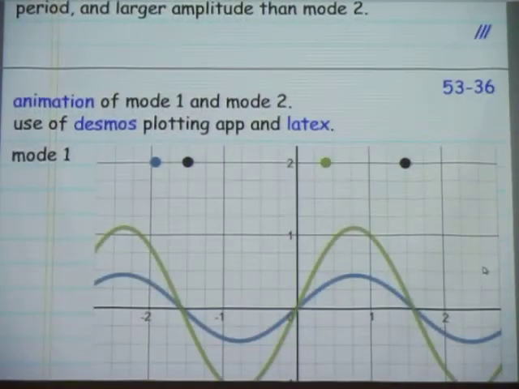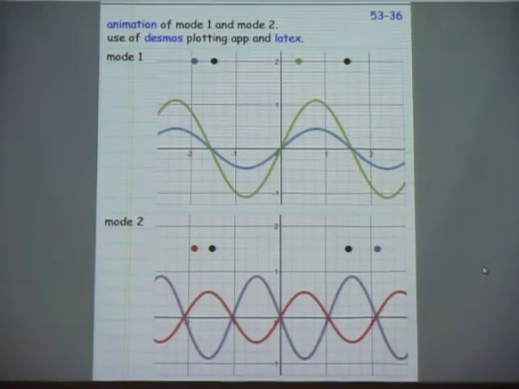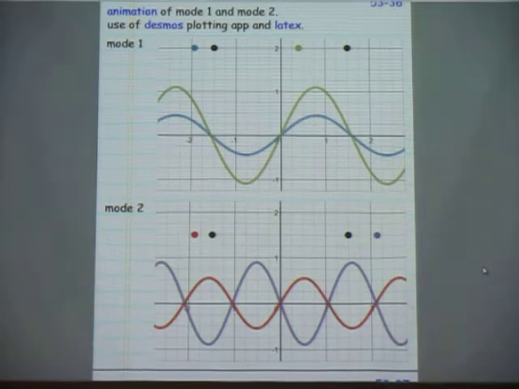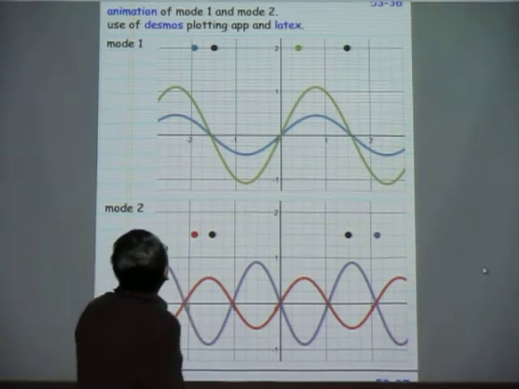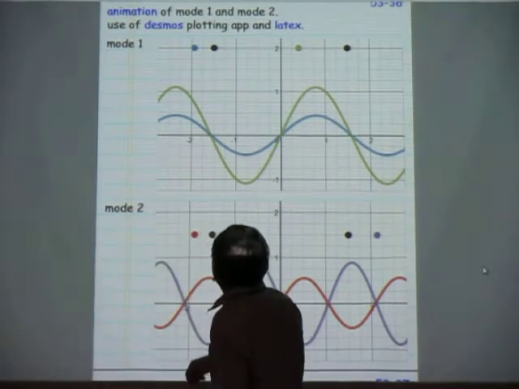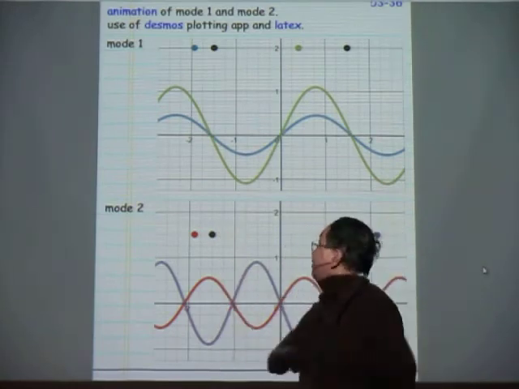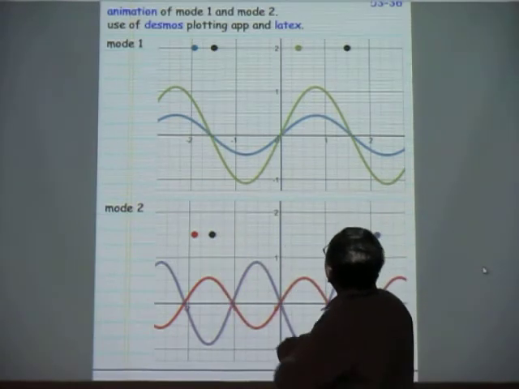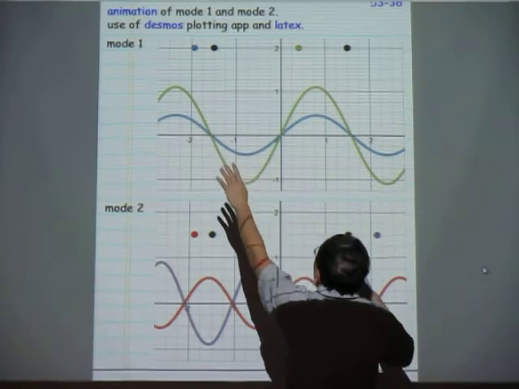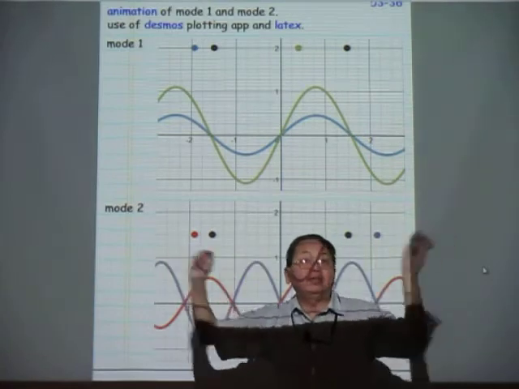Okay, and here is the animation. I have some animation that I have prepared. What you want to notice here is that the black dot represents the initial position. The blue dot is the mass M1, and the green dot is the mass M2 that is moving, vibrating.